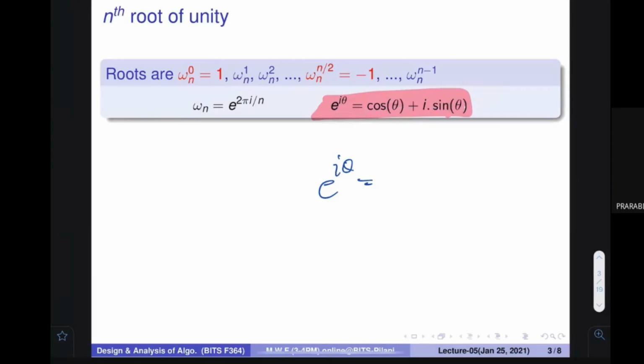And you know the nth root of unity. What is the nth root of unity? It is called Wn, written as e to the power 2 pi i upon n. This particular value is called the nth root of unity.